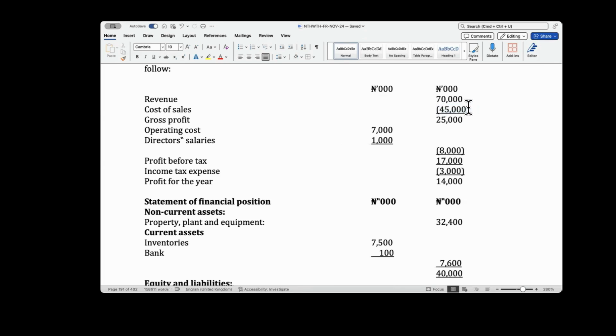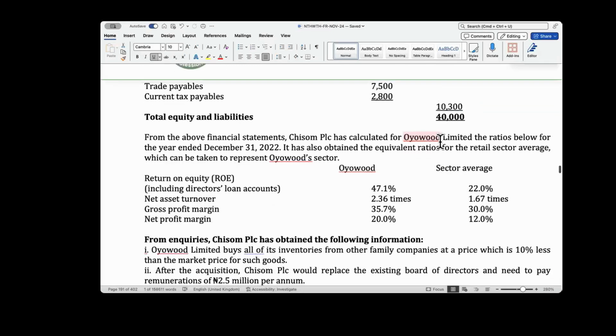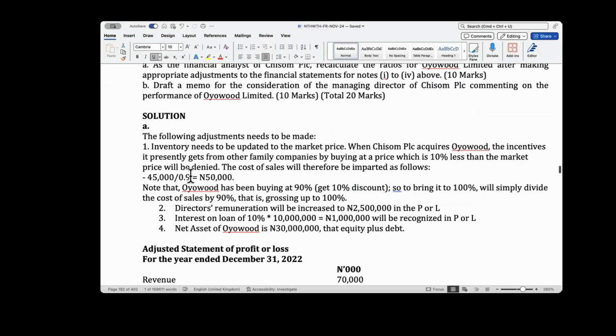You need to know how to gross it up to 100%. However you know how to do it, just gross it up. This is how I do it. I did 45,000 divided by 0.9. That's 50,000.